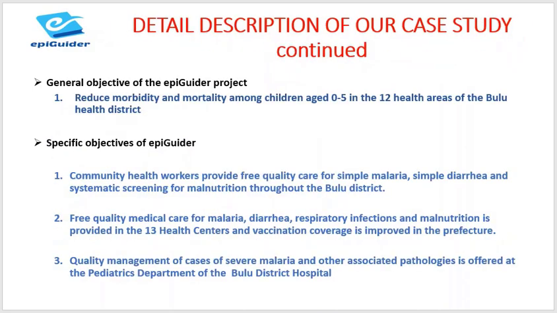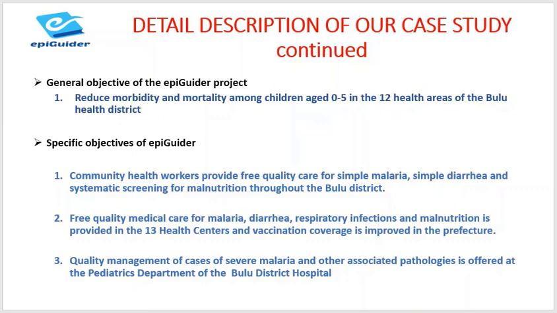EpiGuider had as general objective to reduce the morbidity and mortality among children aged 0 to 5 in the 12 health areas of the Bolu Health District. At community level, EpiGuider aimed to make use of community health workers to provide free quality care for simple malaria, diarrhea, and also the systematic screening for malnutrition.